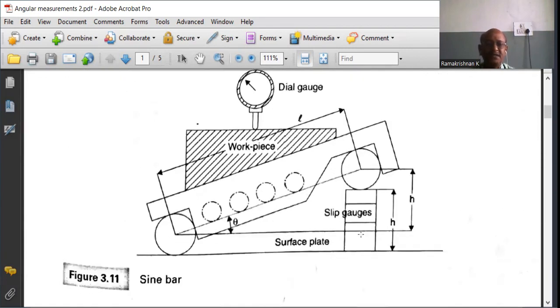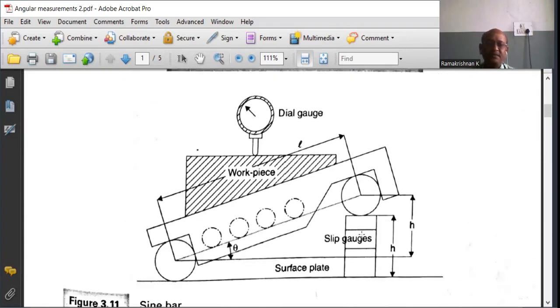Now let us consider the working of the sine bar to determine the angle of a surface. Now the sine bar is kept over the surface plate. Next, over the sine bar, the workpiece for which the angle is to be measured is kept on the upper surface of the sine bar.